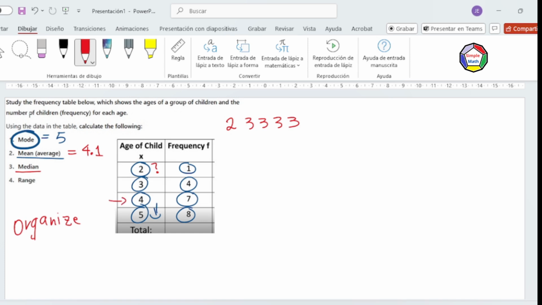We have to write the number 4 seven times, so 1, 2, 3, 4, 5, 6, 7. And the number 5 is repeated 8 times: 1, 2, 3, 4, 5, 6, 7, 8.